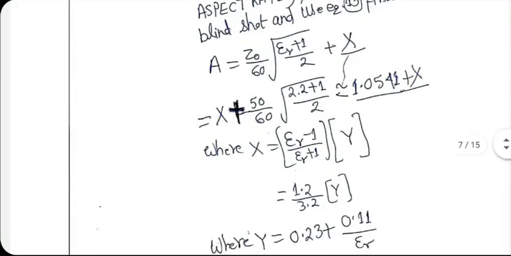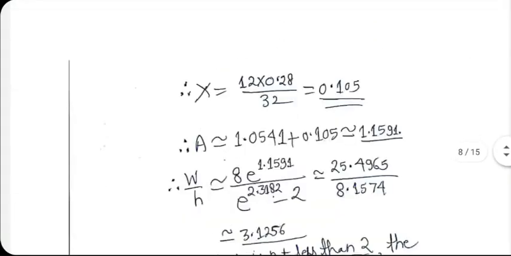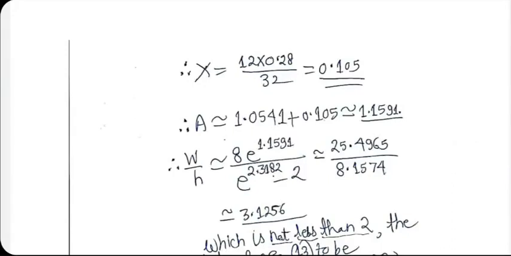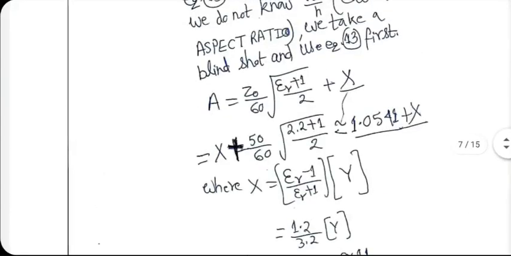So capital A turns out to be 1.1591. These are approximate calculations, okay? I take 4-digit accuracy, you may take 3-digit, fine. So capital A turns out to be 1.1591 based on equation 14.